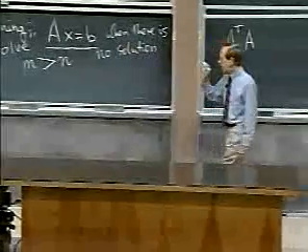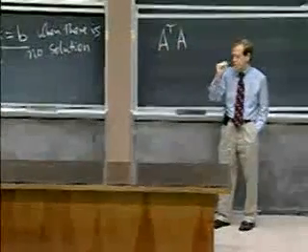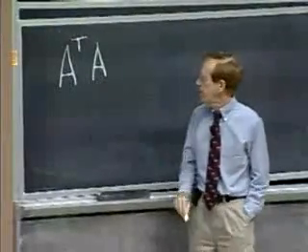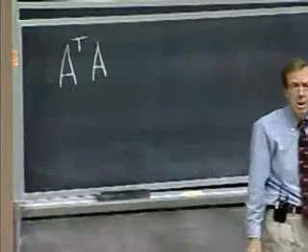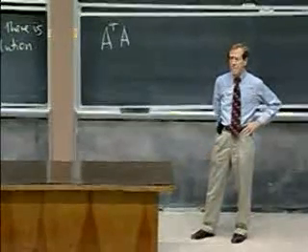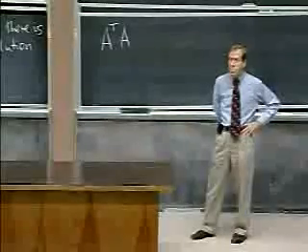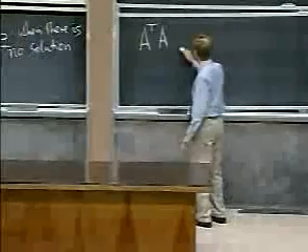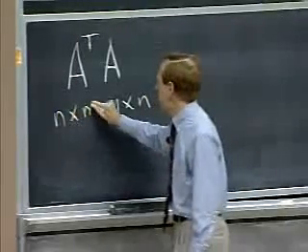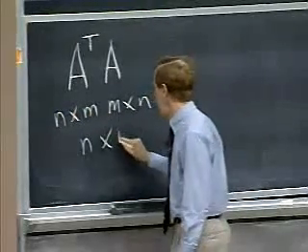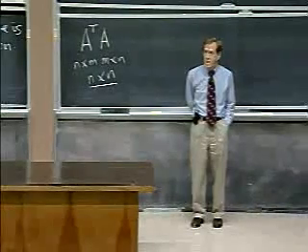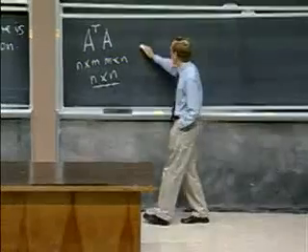But now I'm saying that the good matrix that shows up in the end is A transpose A. What's the first thing you know about A transpose A? It's square, right? Square, because this is n by m, and this is m by n. So the result is n by n. Good. Square. What else? It's symmetric.